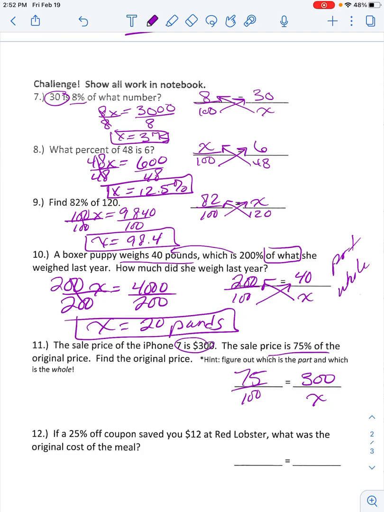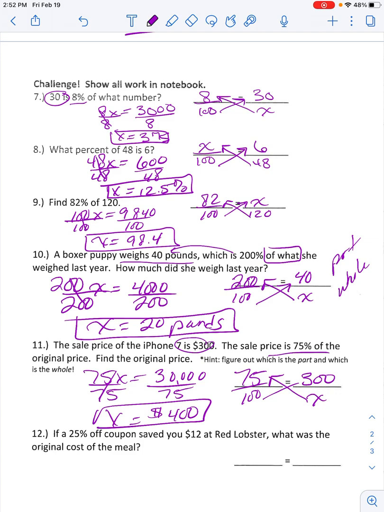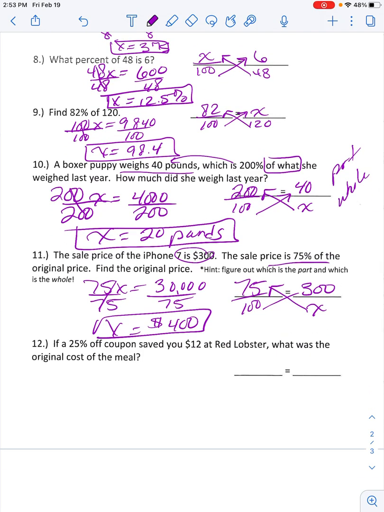So we're finding the of. 75 times x is 75x. 100 times 300 would be 30,000. And divide by 75 to get our x by itself. So the original price was $400.